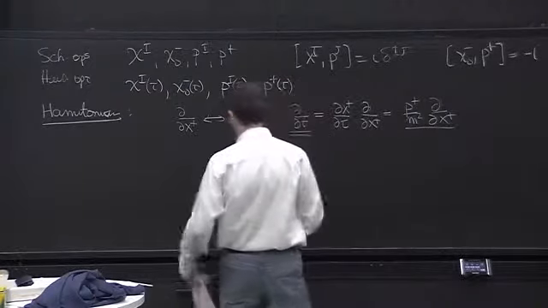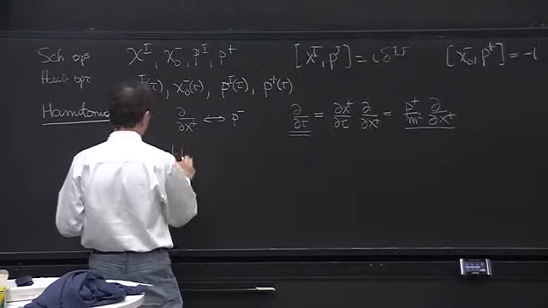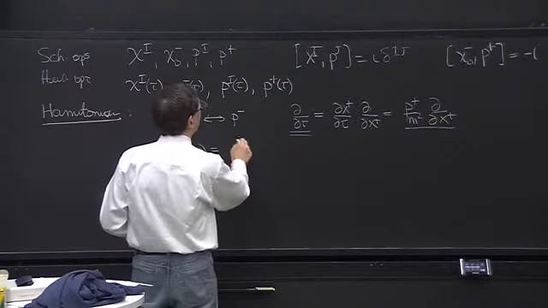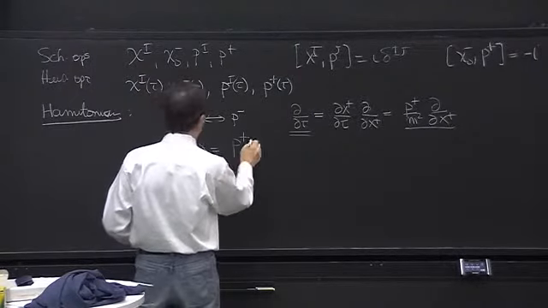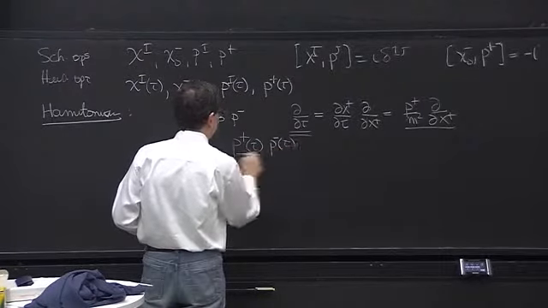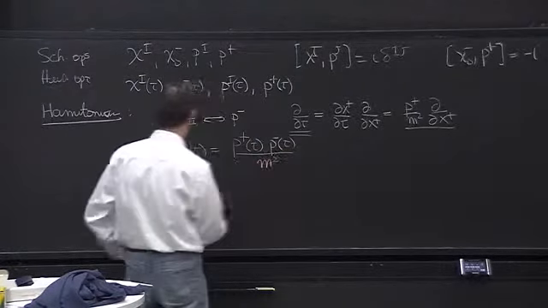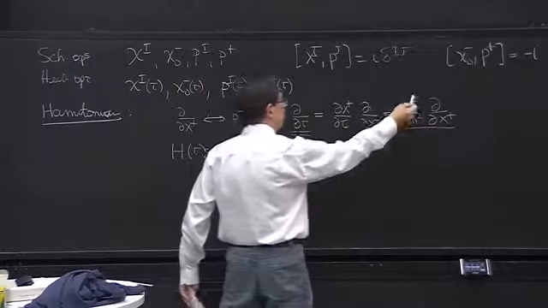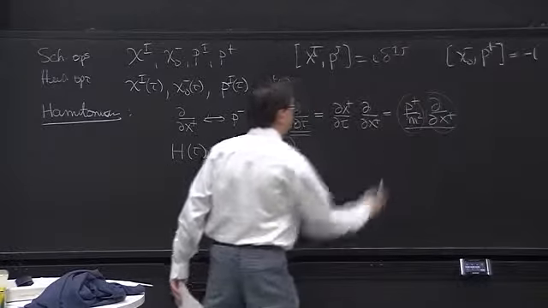So maybe our Hamiltonian should be simply p plus of tau, p minus of tau over m squared, because it should evolve in tau, and therefore it's this thing times the thing that evolves in x plus.